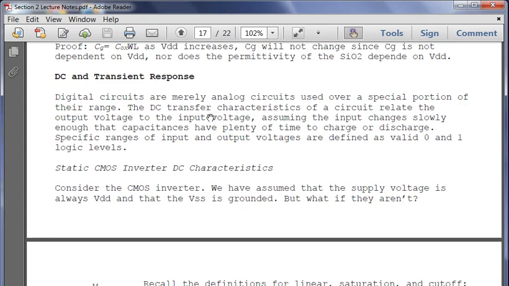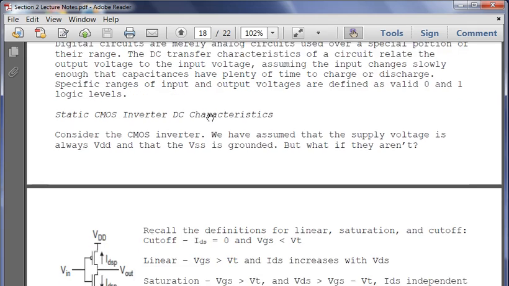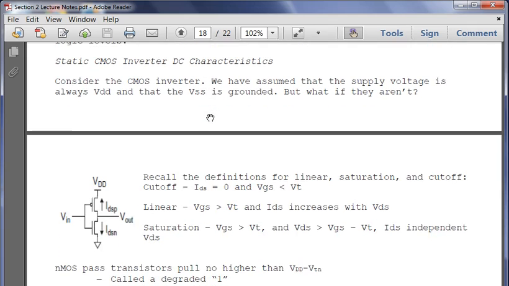So we're going to use the high range and low range, high input, high output, low output, to measure where our values of 0 and 1 are. We're going to consider the CMOS inverter and what happens in instances where the supply voltage and the gate or VSS, where it's grounded, aren't logic 1 and logic 0.